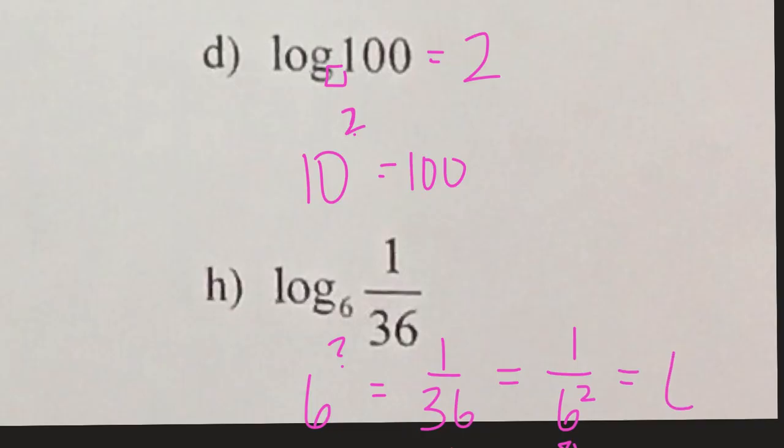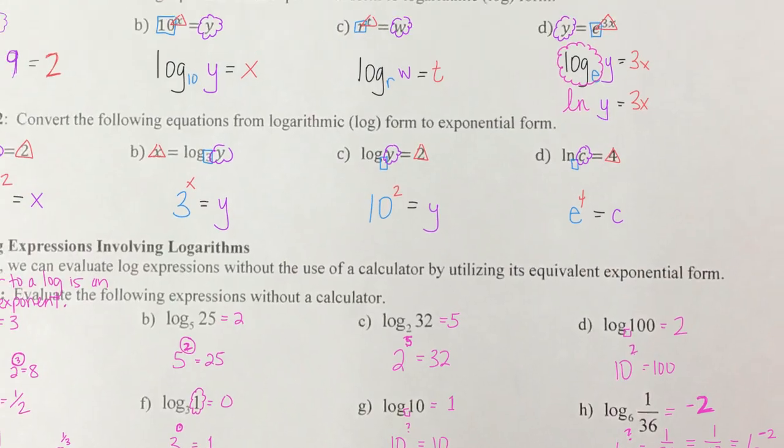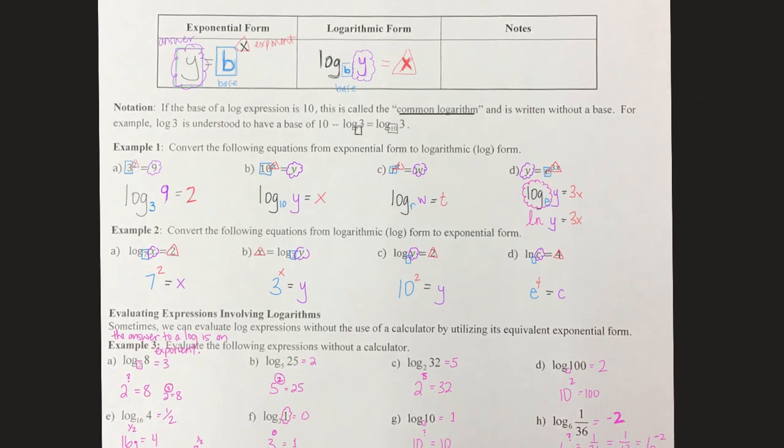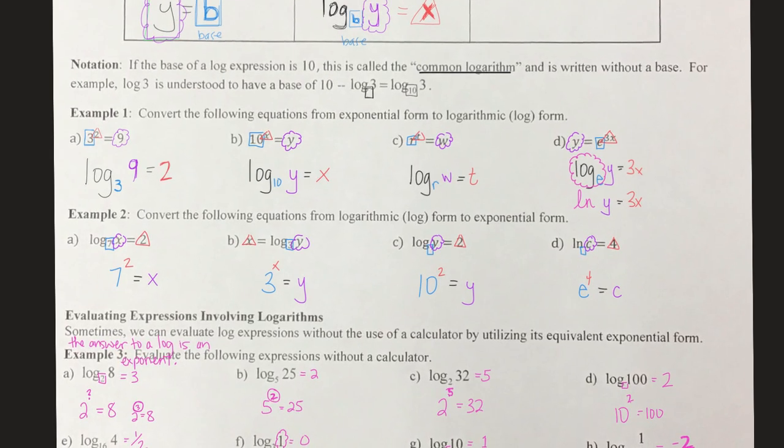We can take them out of the denominator by making them into a negative power. So whenever we have a number turning into a fraction, that's going to be a negative power, so our answer is negative. Some generalities: whenever our answer is a fraction, that means we have a negative exponent. That's probably how these are used most often, to evaluate without a calculator, because the answer to a log is an exponent.